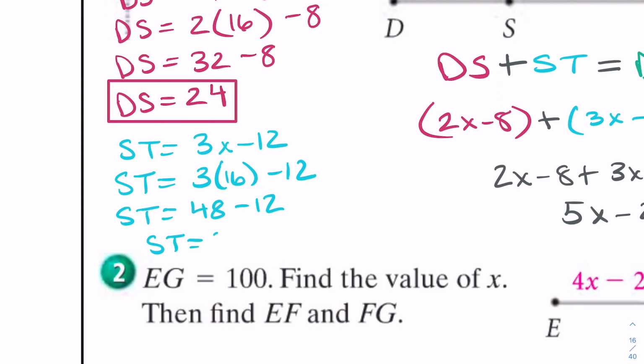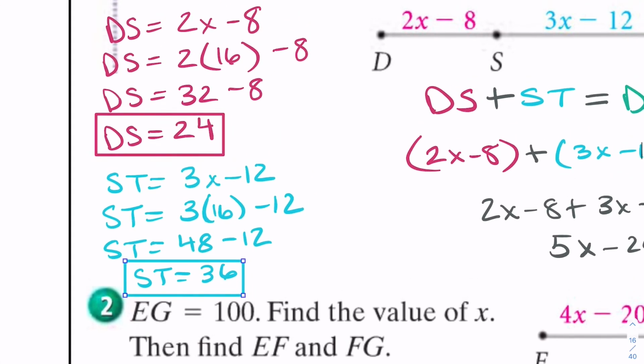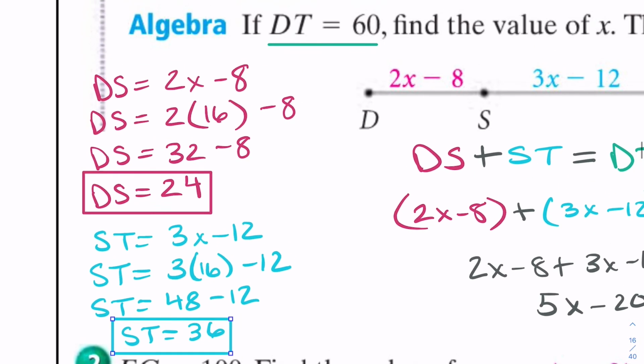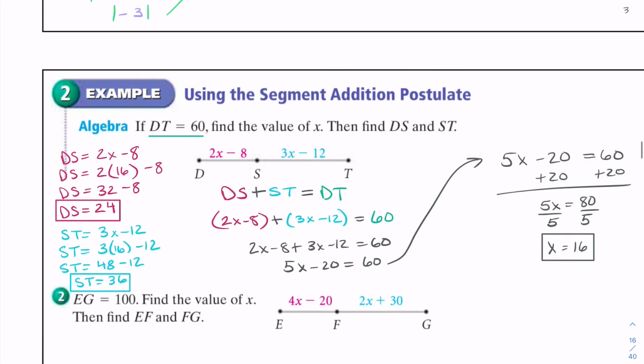ST equals 36. Nice. And guess what? What is 36 plus 24? 36 plus 24 is 60, which is the value when added together. It is the value of DT, which is 60. All right, so that is good. We're good to go with that one.